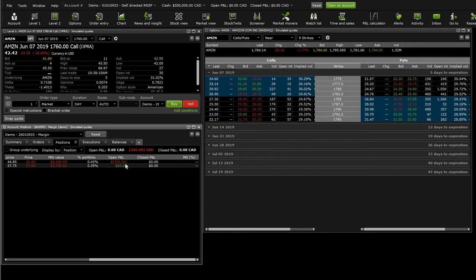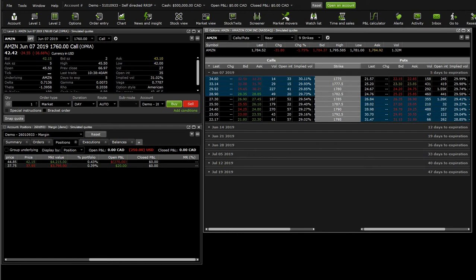Whereas we just bought 100 contracts of each for about $8,000 roughly. So as you can see, we've already lost $270 on the call side, and we're profiting $20 on the put side.